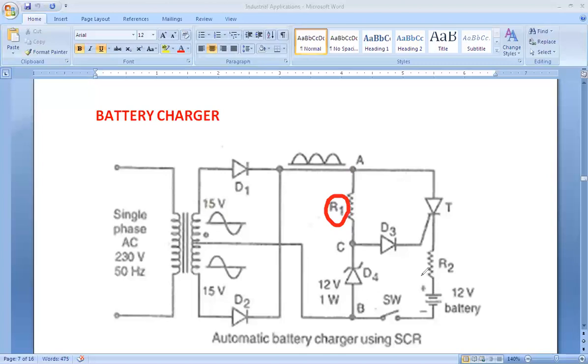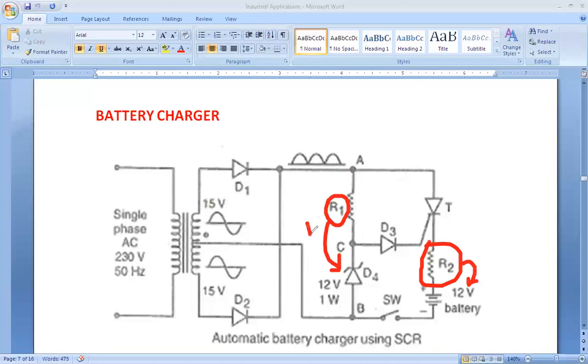Similarly, the role of resistance R2 is to limit the current in the battery. Here the role of R1 is to limit the current in the Zener diode.